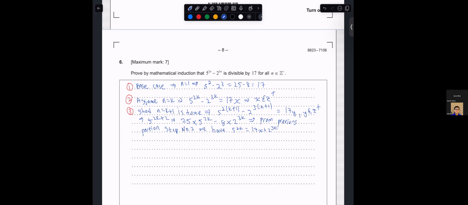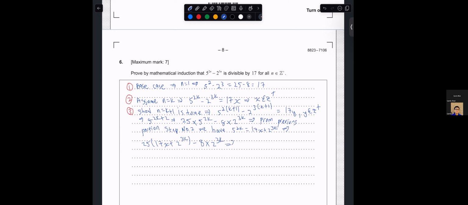So why don't we just substitute this in? When we substitute this in, we get 25 into 17x plus 2 to the 3k, minus 8 into 2 to the 3k. Yes, I believe that is correct.